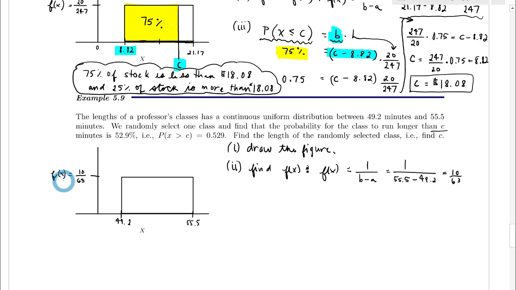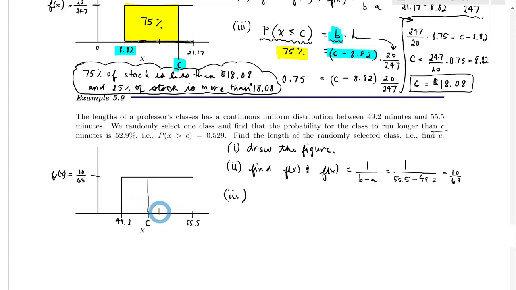Okay, now let's go ahead and talk about the probability. It says that the probability for the class to run longer than c minutes is 52.9%. That means the c that they're talking about is somewhere here. I have no idea. I'm going to say it's probably, I don't know, here, because it's a little more than half, right? And so here is c. And let me draw that line. And so longer means shading to the left or to the right.